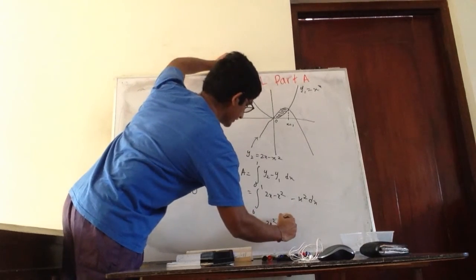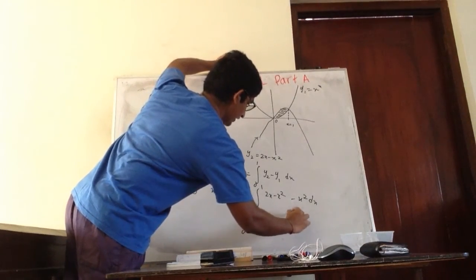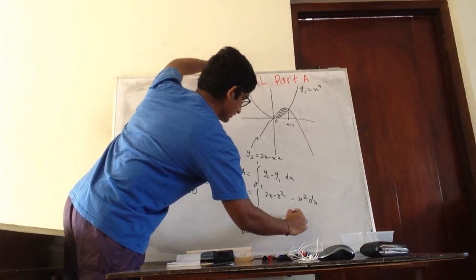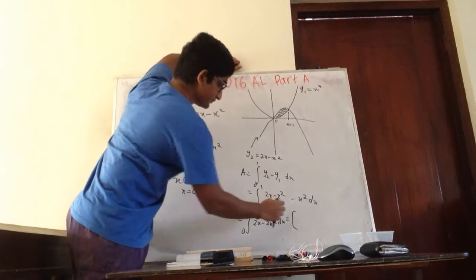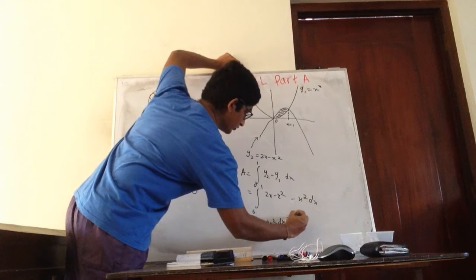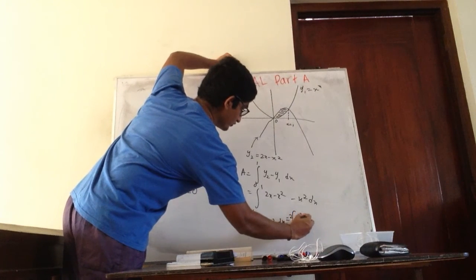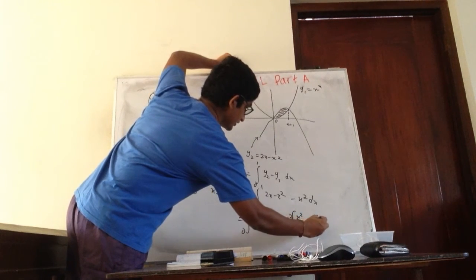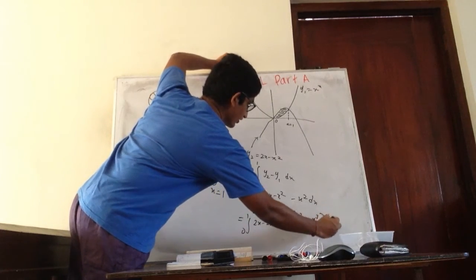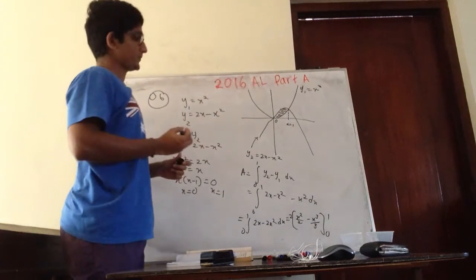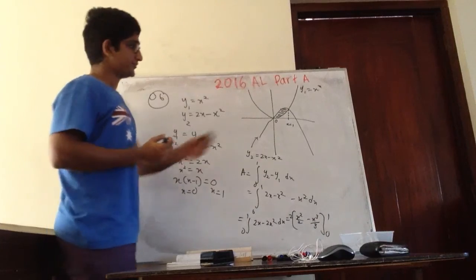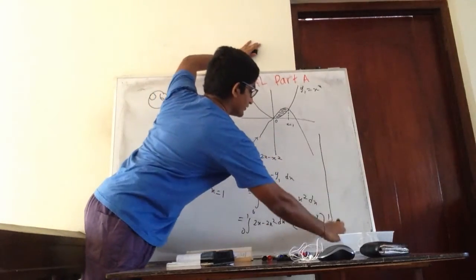So if I integrate this, I can take 2 out. Then I will get x squared over 2 minus x cube over 3, from 0 to 1.